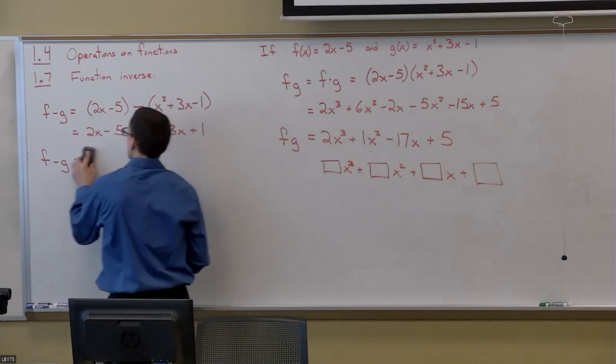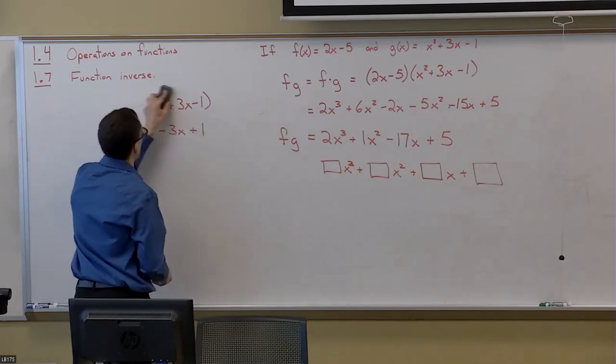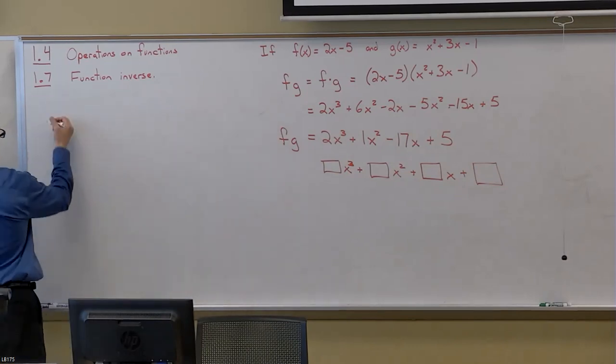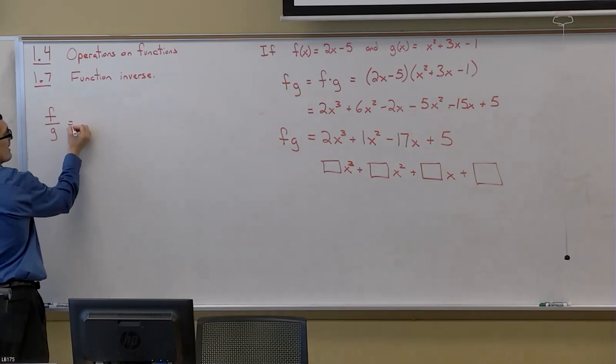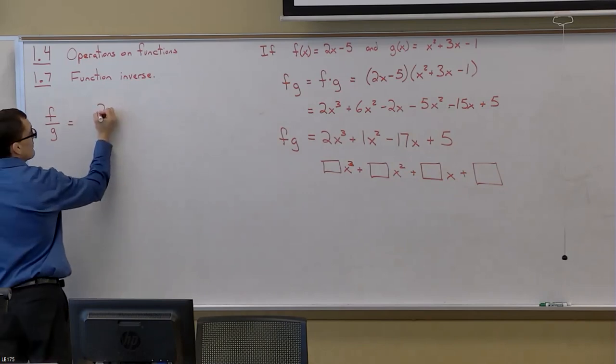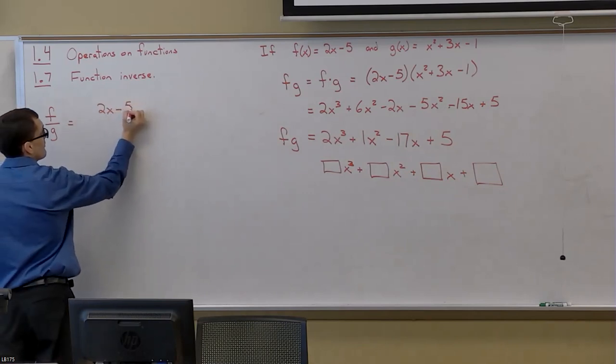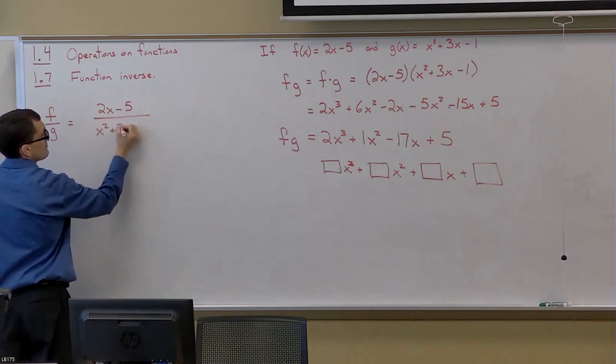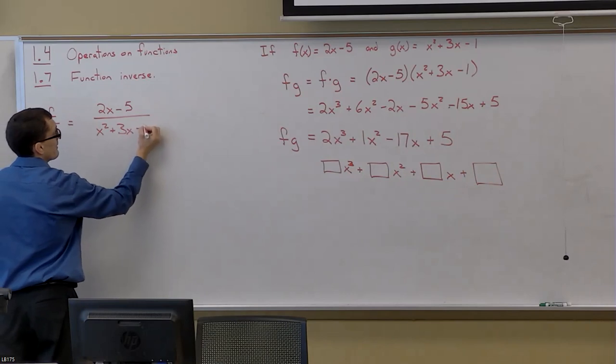And then lastly, if you were dividing, let's say we took f over g. That's pretty obvious. We just take the expression for f, divide by the expression for g.